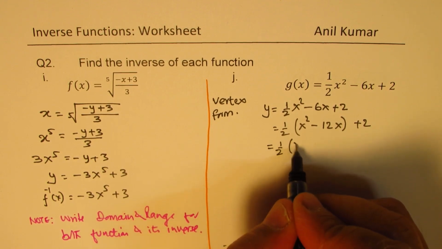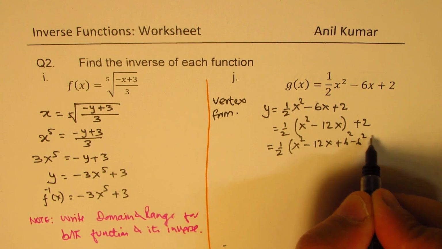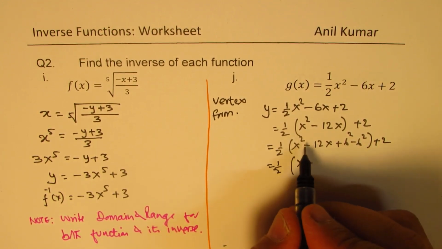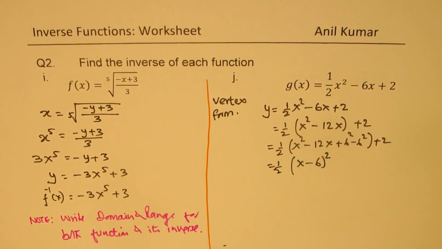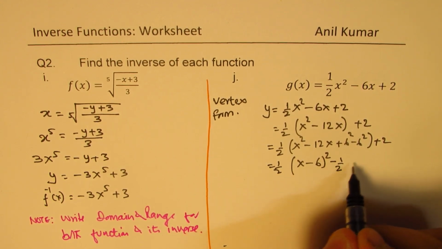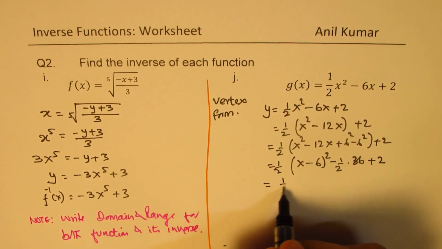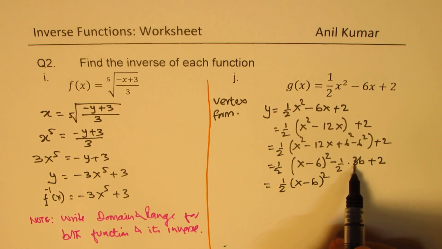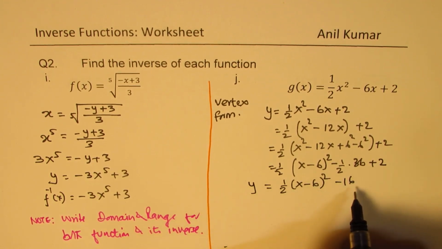So we get half of x squared minus 12x plus 6 squared minus 6 squared plus 2, which is half of x minus 6 whole squared minus, because here we have minus 6 squared, so minus half of 6 squared, which is 36 plus 2. So that gives you half of x minus 6 whole squared, and that is 18, so we get minus 16 here. Perfect. So that is y equals this much.